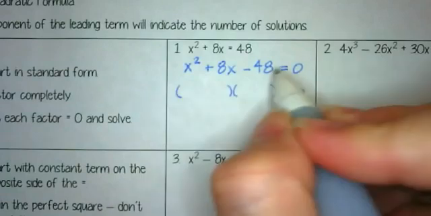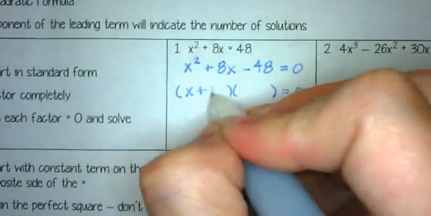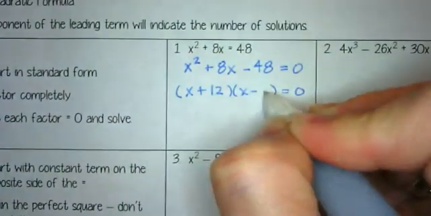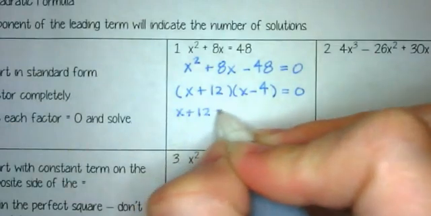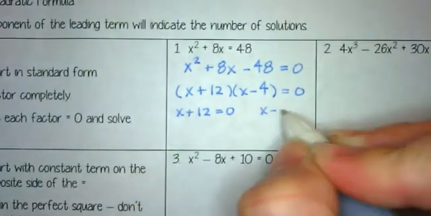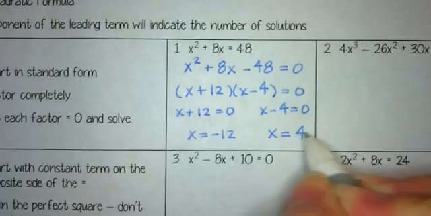We need factors of negative 48 that add up to 8. So I'm thinking a positive 12 with a negative 4. So now we know that x plus 12 must equal 0, or x minus 4 must equal 0. So our solutions are negative 12 or positive 4.